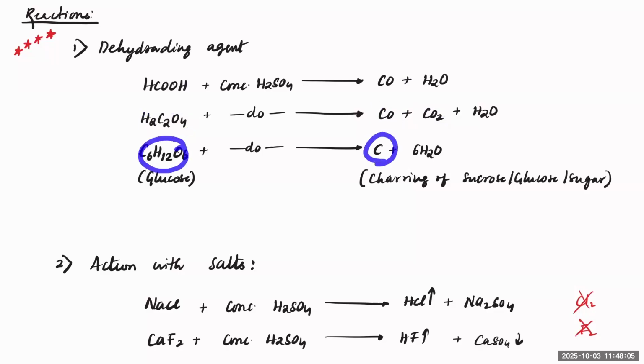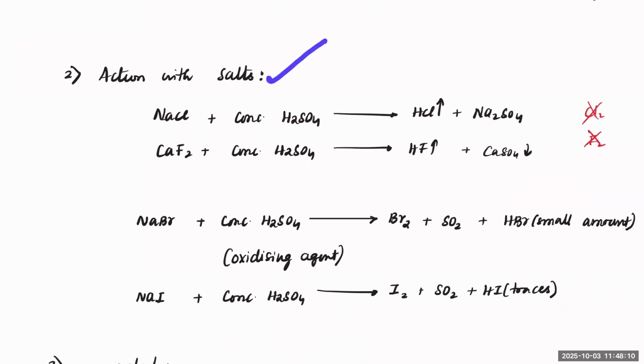Glucose will completely convert into carbon. And in action with salts, NaCl plus concentrated H2SO4 will give us HCl vapors and Na2SO4. While CaF2 with concentrated H2SO4 will convert into HF and calcium sulfate.